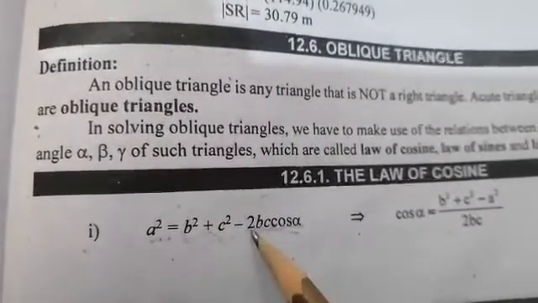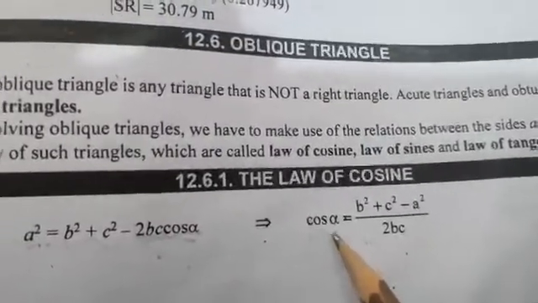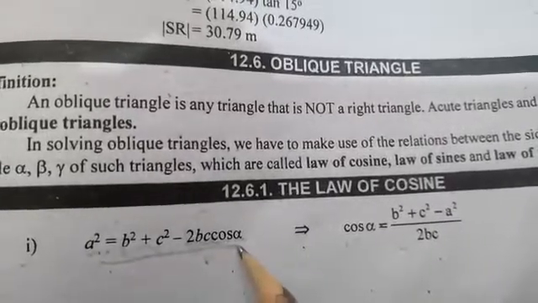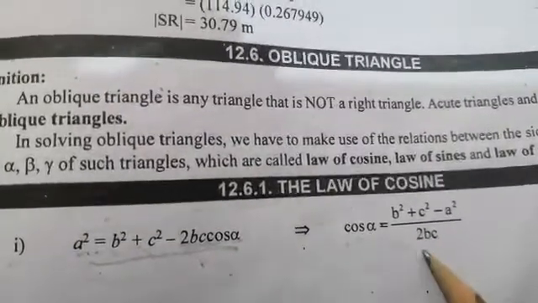Then we can divide both sides by 2bc, and now we can get cos of alpha. We can write this equation in another form.